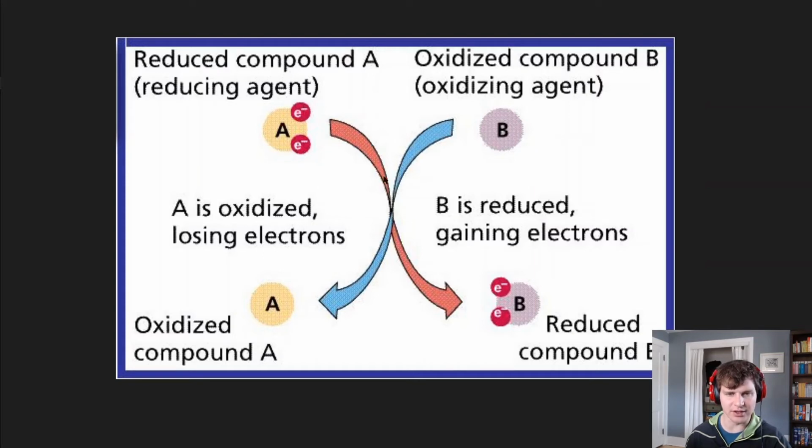The reaction here is exchanging these electrons across this red line. In order to exchange those, you need one compound A that has a bunch of electrons and one compound B that is hungry for electrons. B gains the electrons, and then it becomes a reduced compound. So reduced compounds have extra electrons, and oxidized compounds have no extra electrons.